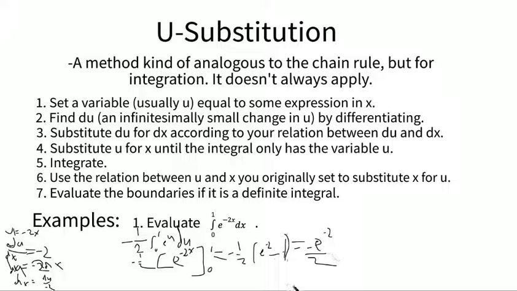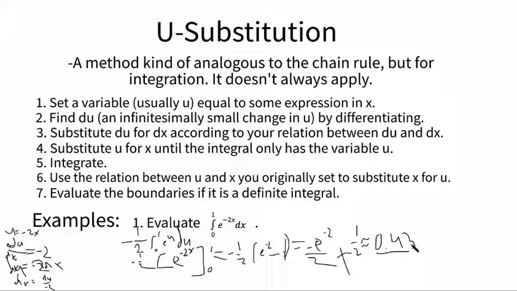And then we have plus 1 because the negatives cancel out, so plus 1/2. And if you calculate this, you get about 0.43. So that's the answer to the integral, about 0.43.